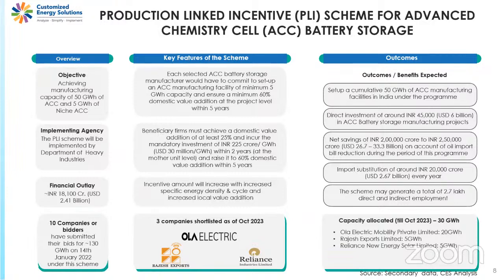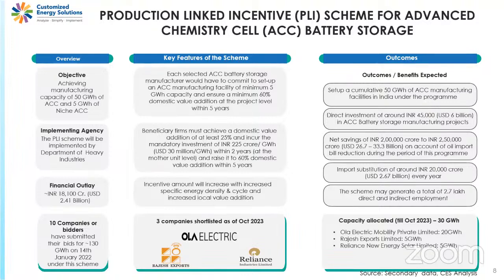But Hyundai Global Motors pulled their bid out, and now the shortlisted companies are Ola, Rajesh Exports, and Reliance Industries Limited, with a total capacity allocated of 30 gigawatt-hour, out of which 20 is allocated to Ola Electric Mobility, Rajesh Exports Limited has 5 gigawatt-hour, and another 5 gigawatt-hour has been allocated to Reliance New Energy Solar Limited.